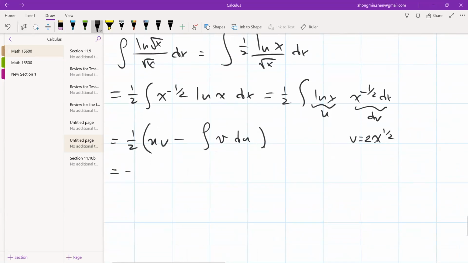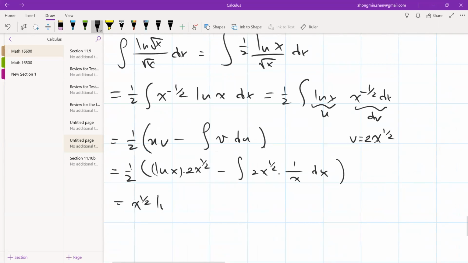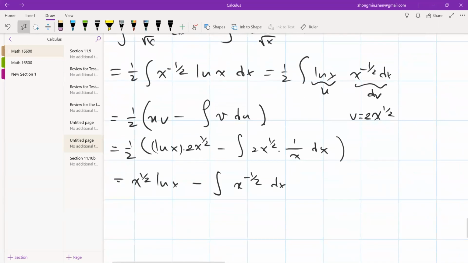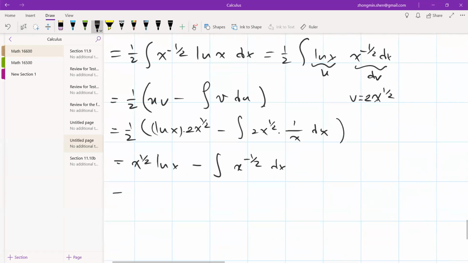That's 1/2. u is natural log of x, and v is 2x to the 1/2. du is 1 over x dx. So let's simplify. Here's minus, and this will be negative 1/2 dx. The antiderivative of that will be 2x to the 1/2, plus constant.